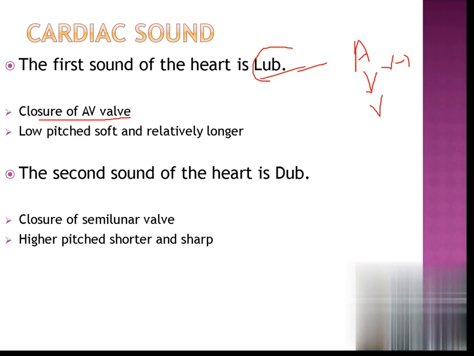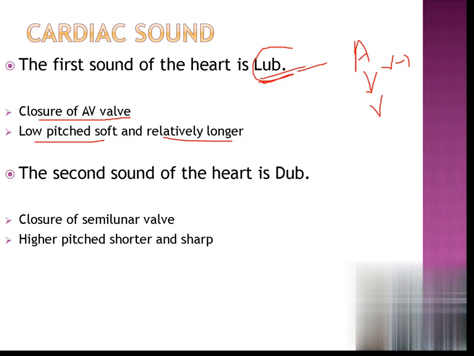When the atrioventricular valves close, this closure makes the sound lub. The sound is very low pitched and relatively longer. The lub sound is kind of longer, and it's very low pitched.